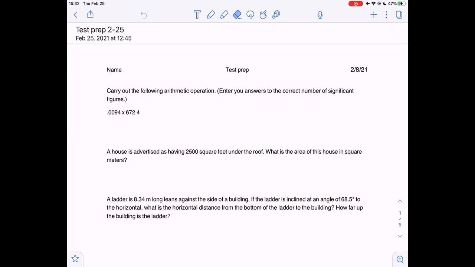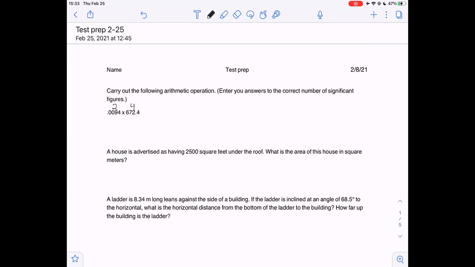Two, because we have two there, then we have four there. Whenever doing significant figures with multiplication, whichever one has the least amount of significant figures is how many significant figures your answer has.